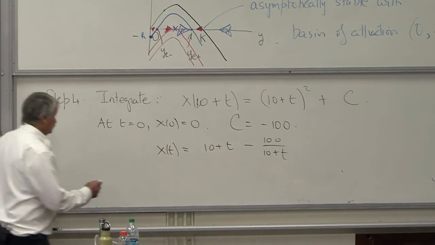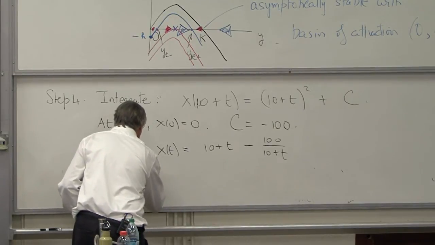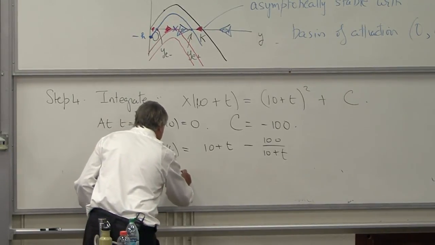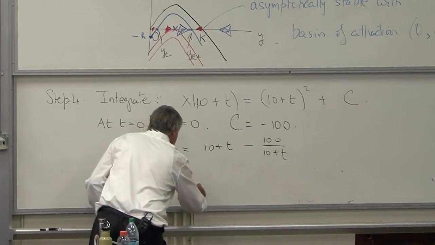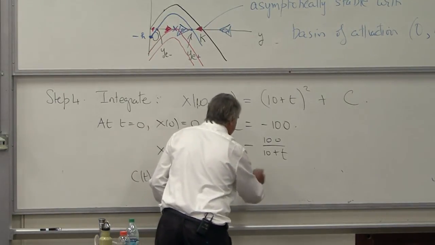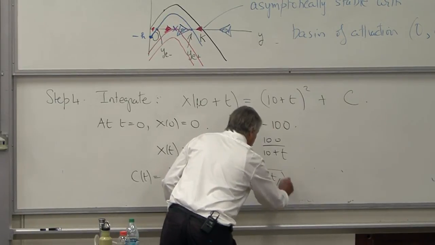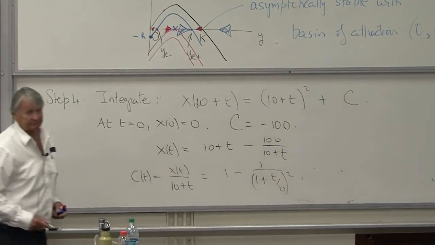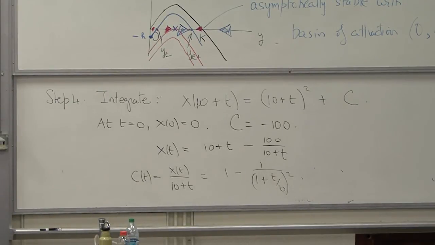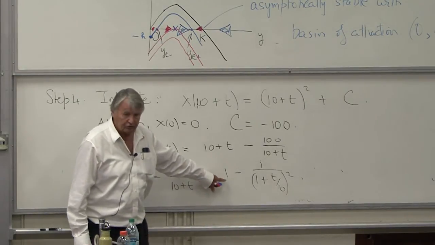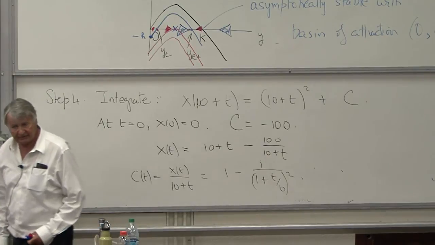The concentration, which is x of t over 10 plus t, will be 1 minus 1 over 1 plus t over 10 all squared. I divided above and below by the 100. And that's an explicit solution. The concentration will eventually go to 1, as we expect.